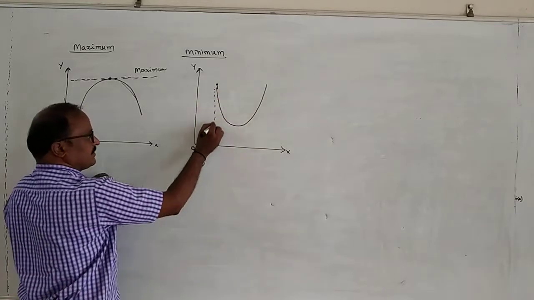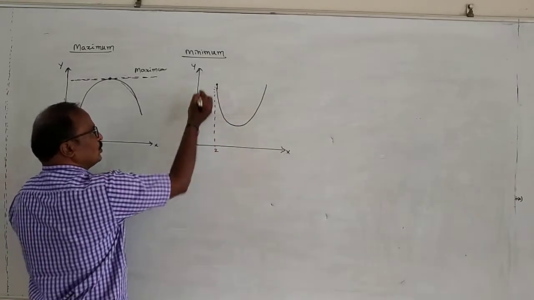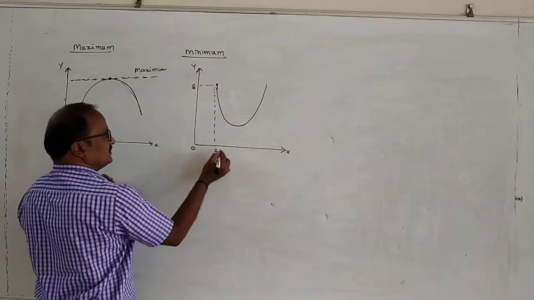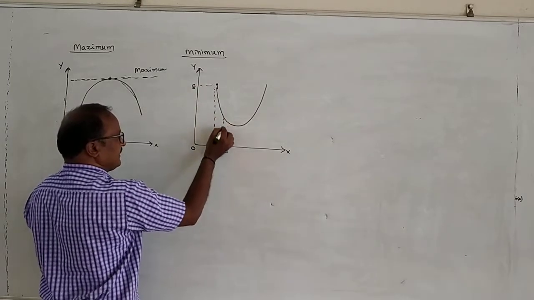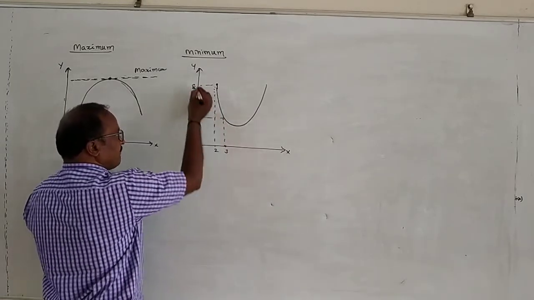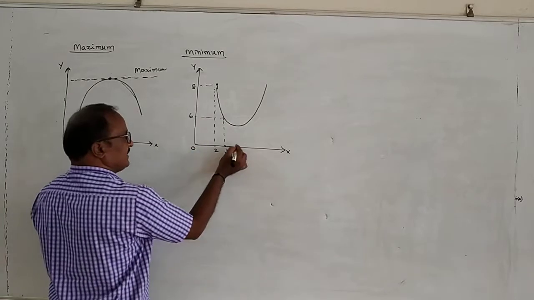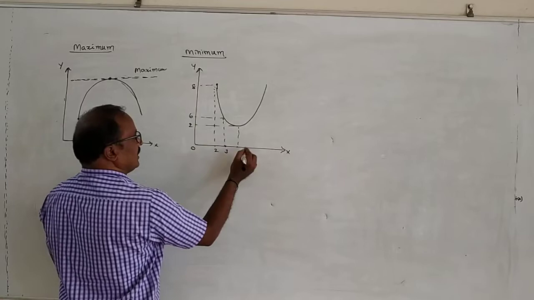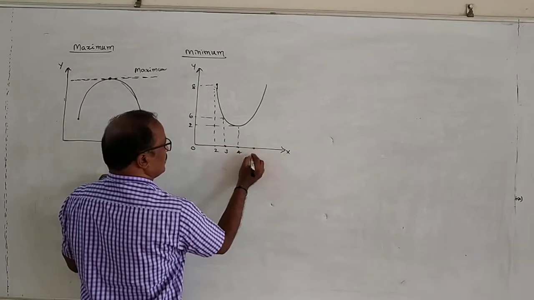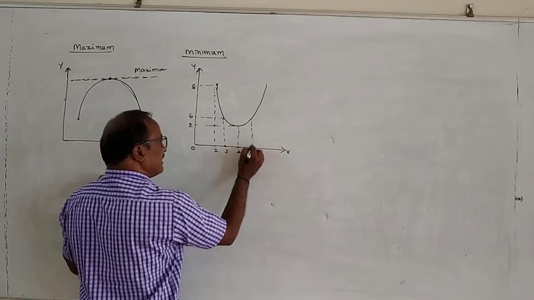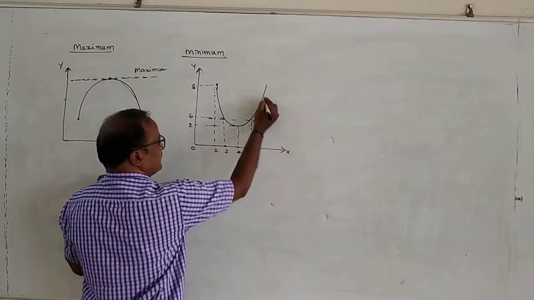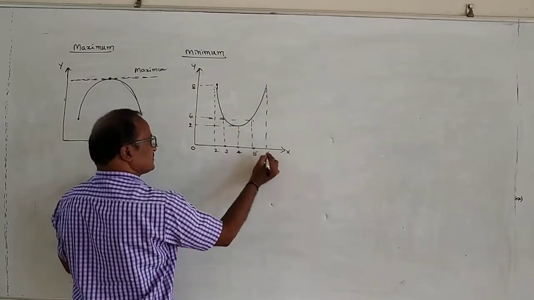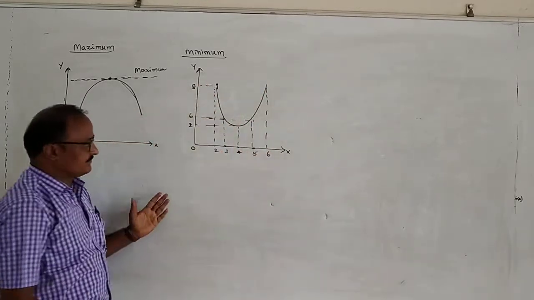Suppose here x is equal to 2, y is equal to 8, and at x is equal to 3, the value of y below 8 is 6. At x is equal to 4, y is equal to 2. And again at x is equal to 5, the value of y becomes 6. At x is equal to 6, y is also equal to 8.